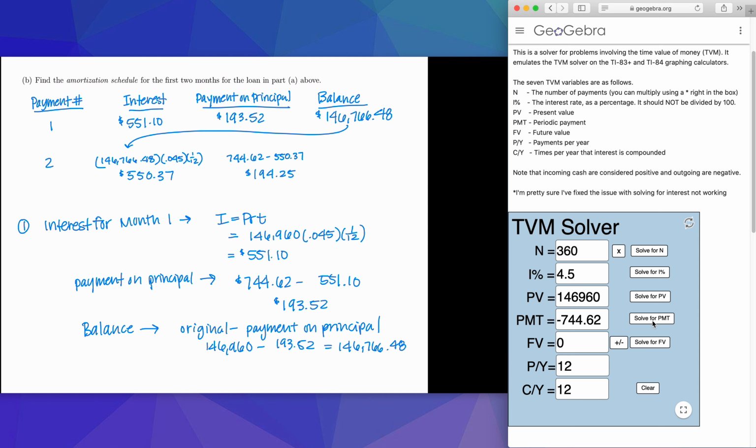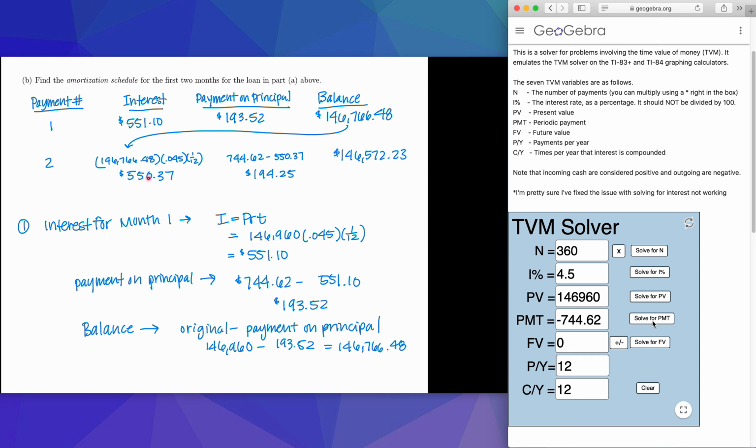And then we can take that principal amount away from our balance. So we subtract the $194.25 and we end up with $146,572.23. So some things to notice about this.